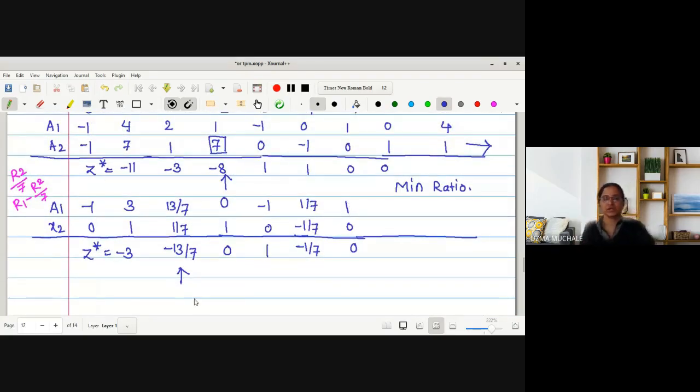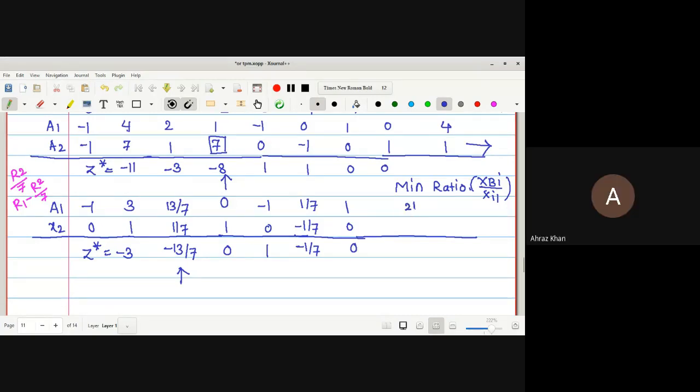Now let us calculate which variable is going to leave the basis. xbi upon xi1. And if we look at this x1 column, both the entries are positive, therefore both the ratios can be calculated. xb upon this column, 3 upon 13 by 7. Is it 21 upon 13?